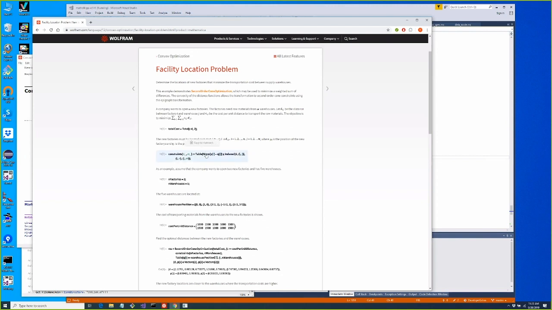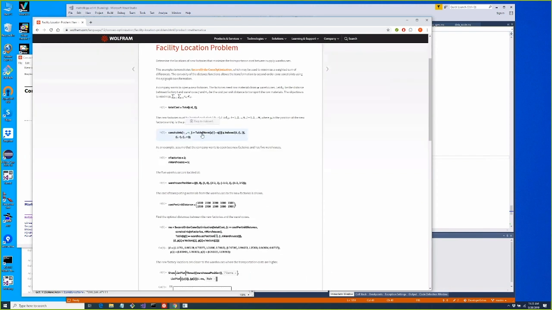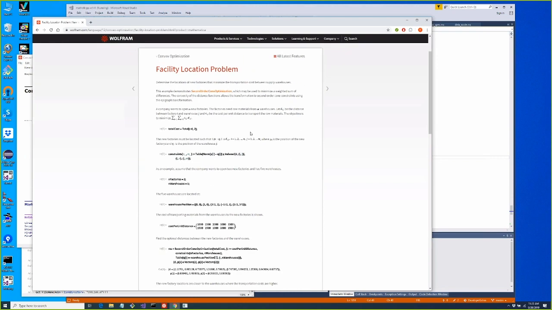So this constraint, norm of something is less than or equal to something else, is what's sometimes called a Lorentz cone or second order cone constraint. And we have a function called second order cone optimization that handles these types of constraints explicitly. So we're actually writing some cone constraints.